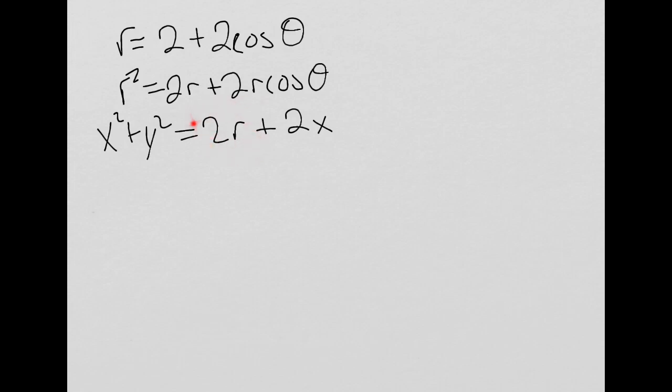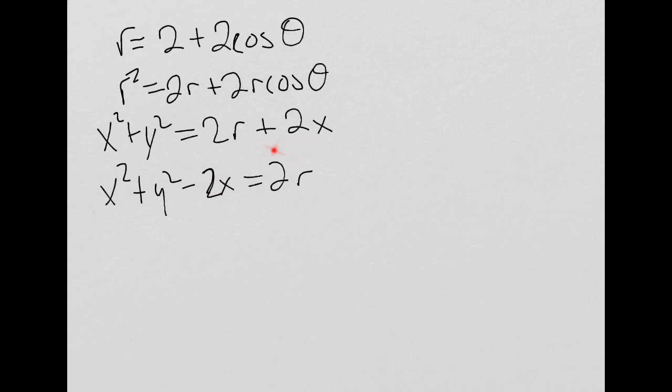I want it just in terms of x and y if I'm looking to get it rectangular. Well, let's see what we can do about that. If I take x squared plus y squared minus 2x equal to 2r, well, I'm getting there. But I would still like to turn this into an r squared, so I can turn it into x squared plus y squared. Now I could multiply both sides through by r, which is what I did up here. The issue with that, I don't have any cosines or sines over here. So that would just introduce another r into the problem. I'd have a harder time getting rid of it.